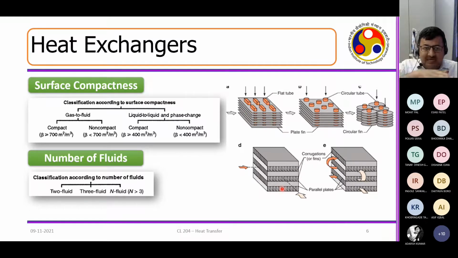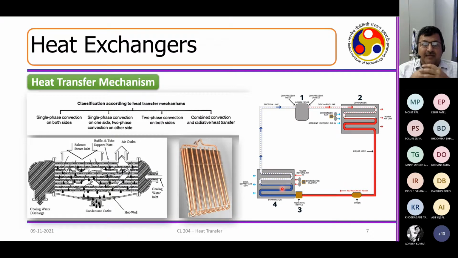You arrange them so that adequate turbulence is created. Not only are you increasing the heat transfer area, but you are also increasing the heat transfer coefficient. These are called surface compact heat exchangers.